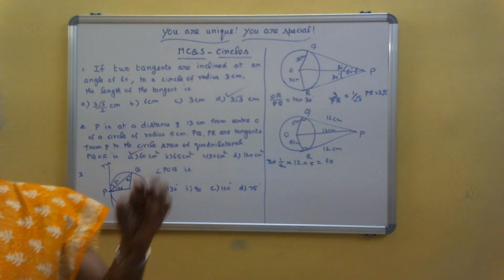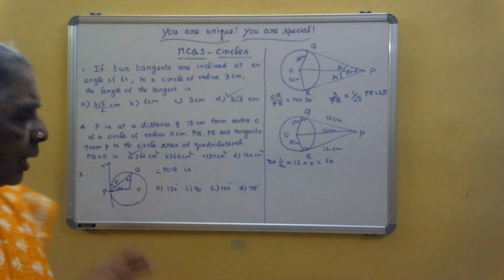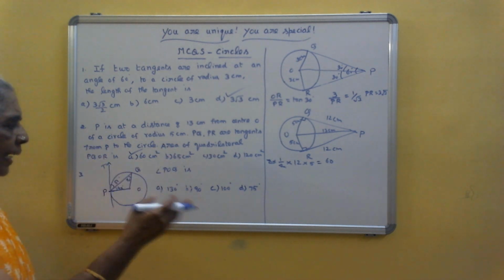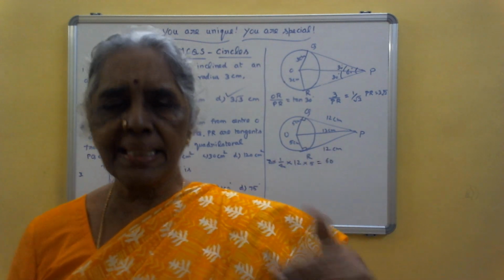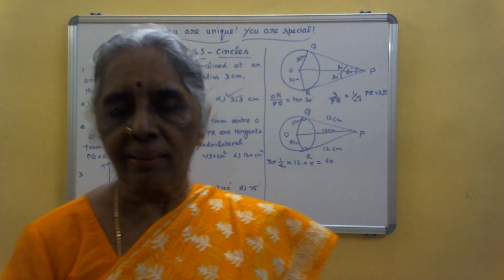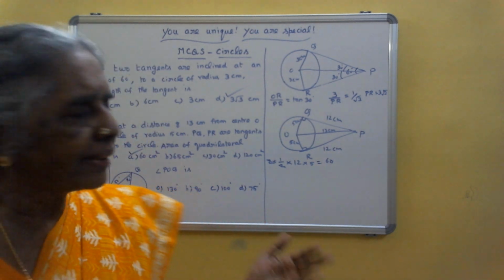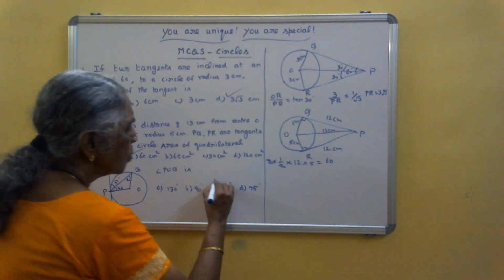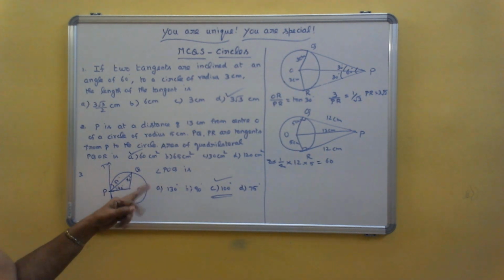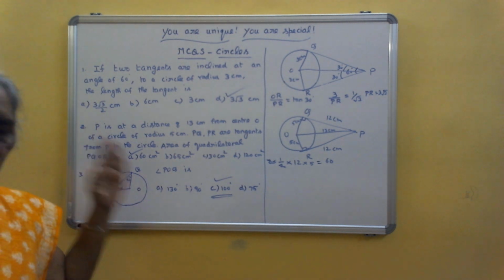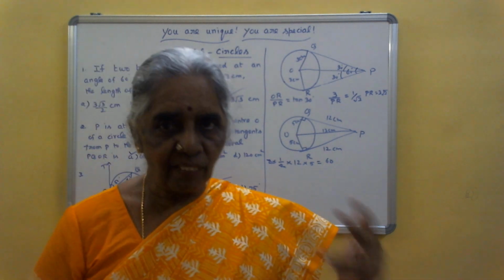Now let us use the angle sum property. So 40 plus 40, 80. So angle POQ will be 180 minus 80, we will get 100 degrees. So option C will be the correct answer. Do you follow the three sums? Can we move further?